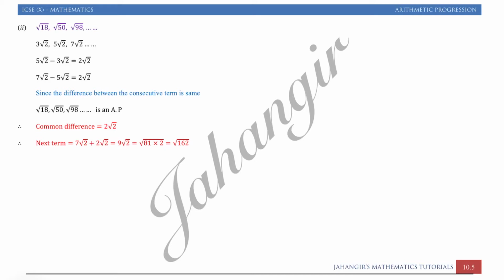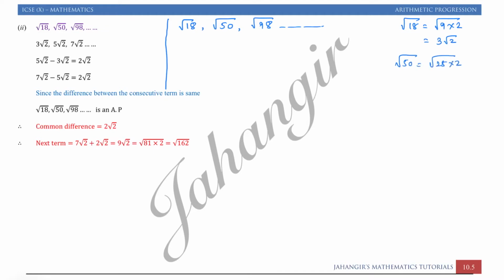Question number second. इसमें terms are root 18, root 50, root 98 and so on. So root 18 को I can write as root 9 into 2, that is 3 root 2. Root 50 को I can write root 25 into 2, that is 5 root 2.